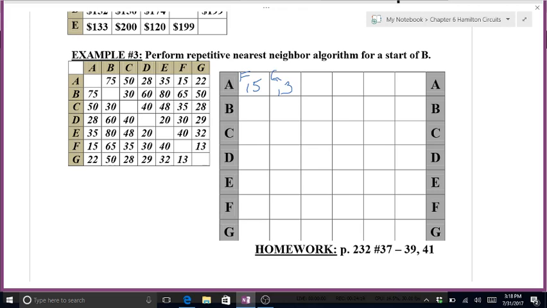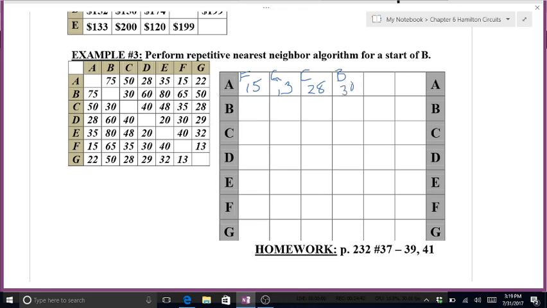We can't go to A. So our next smallest one is going to be C, 28. From C, our shortest one would have been G. We can't do that. Our next shortest one looks like it's B, with 30.